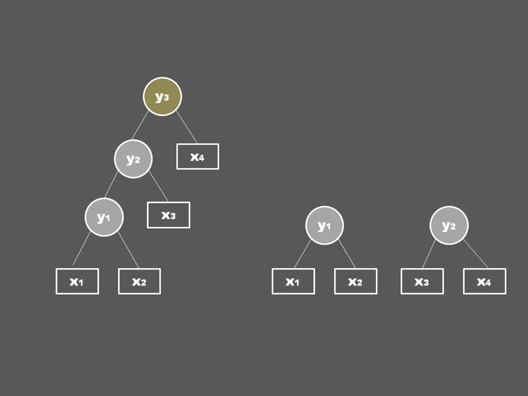Now these two files, y1 and y2, are merged together to get the desired file, that is y3. Now when we want to sort n files, there are many ways to merge these files into a single file.